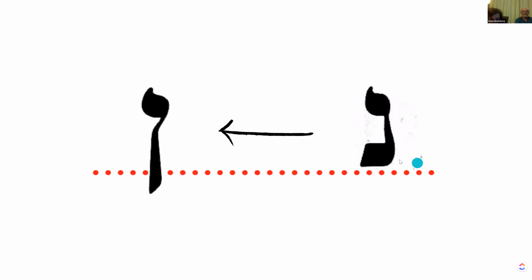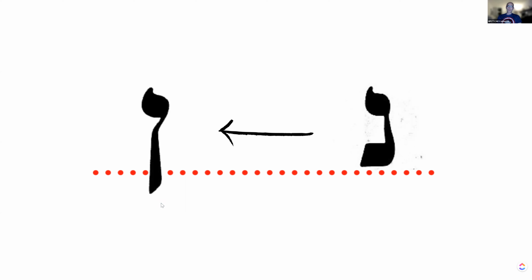We've got the nun, and when it's at the end of the word, it loses the bottom basement here, and it kind of goes through the baseline of the letters. Right. So it sticks down below the level of the rest of the letters.